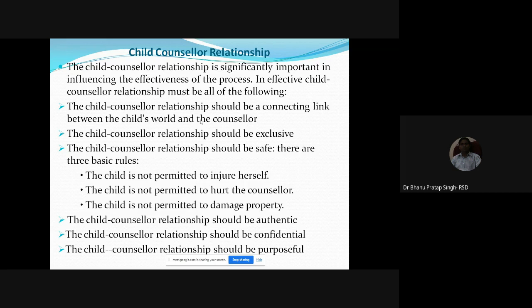So it is a duty of teacher or counselor to create a conducive environment to bring out the issues, bring out the problem of the child for remedy, for the treatment. Child counselors be authentic, be confidential, and be purposeful. So this is the kind of thumb rule or what should be the relation.